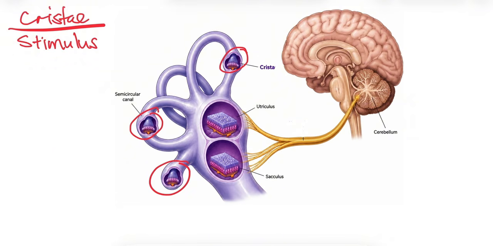The stimulus stimulates our cristae, and the cristae then convert the stimulus into an impulse. The impulse is then transmitted through the auditory nerve. To be specific, this is called the vestibular branch of the auditory nerve.